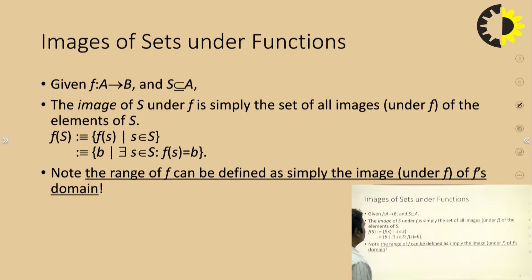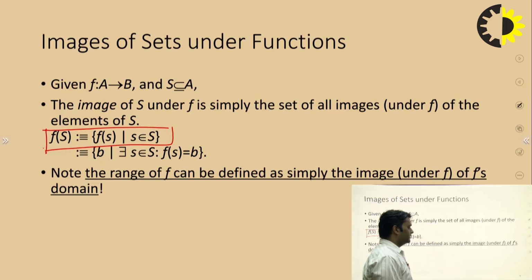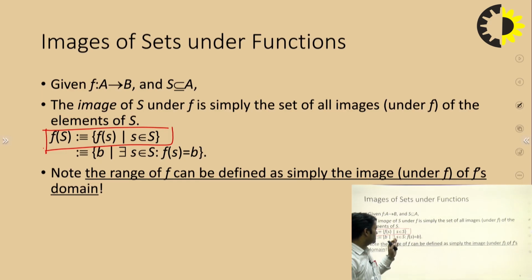Image of sets under a function: given f is a function from A to B and S is a subset of A, the image of S under f is simply the set of all images under f of the elements of S. That is, f(S) is logically equivalent to the set of f(s) for s belonging to S, and b such that for some s belonging to S, f(s) equals b.